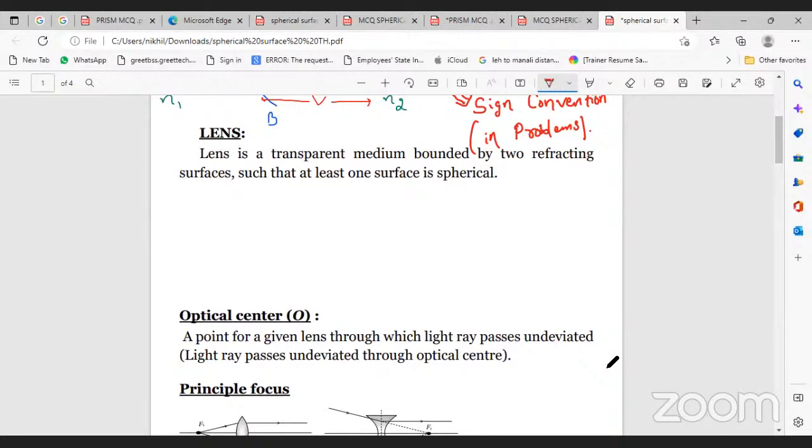Look at the definition. What is a lens? Bounded by how many surfaces? Two refracting surfaces, sir. Two refracting surfaces, and at least one surface must be spherical.